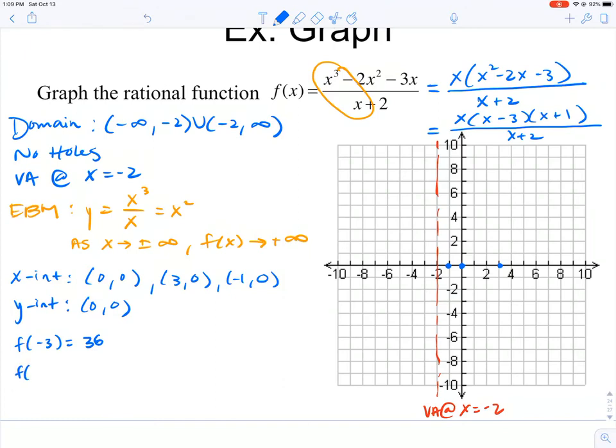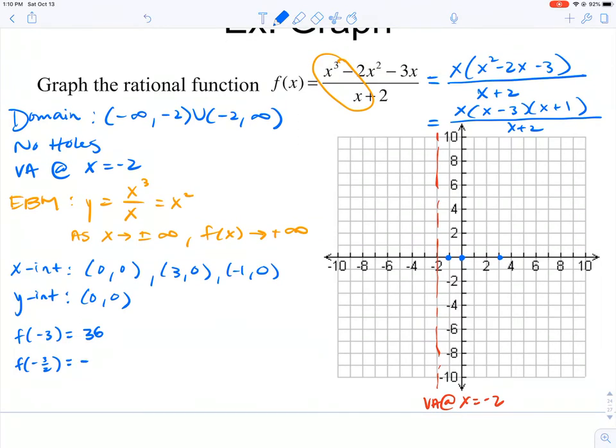Alright, what about f of -3/2? Okay, I got -6.75.